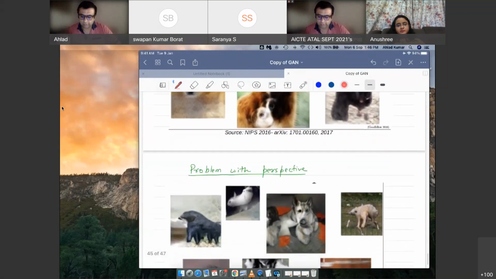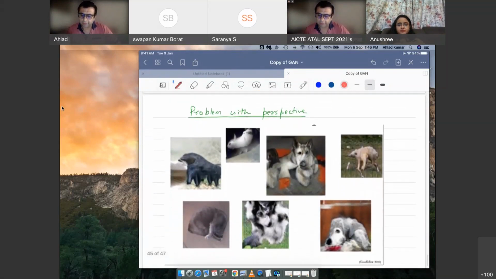And then we have problems with perspective. Sometimes it's difficult for GANs to generate 3D data. As far as research is concerned, some of the advancements that have been made may be successful in doing that, but when I prepared these slides, it was difficult for GAN to generate 3D perspectives.